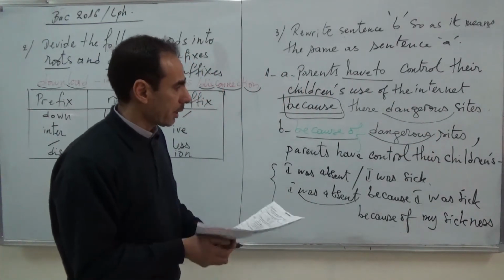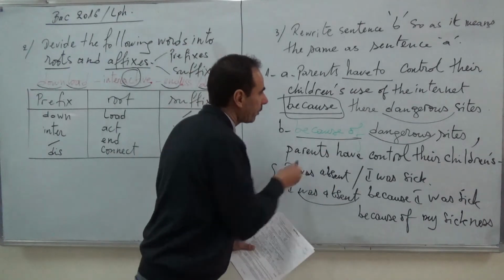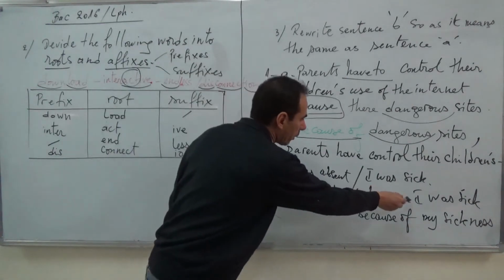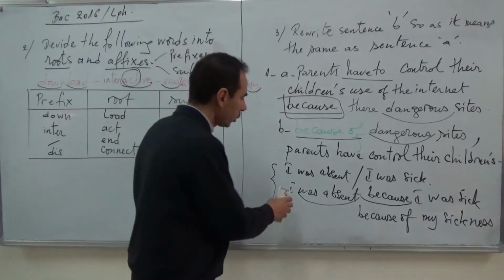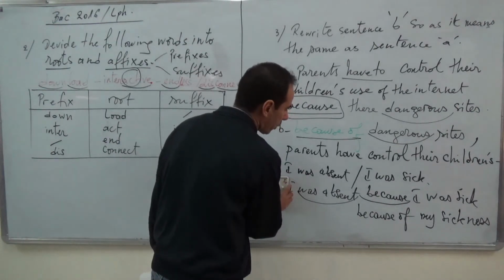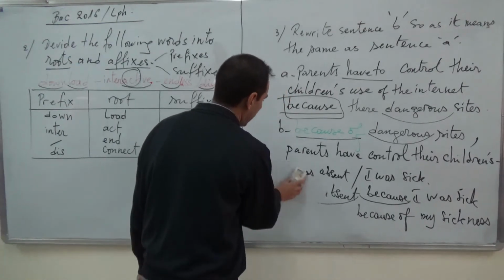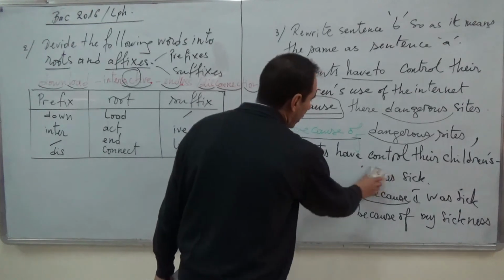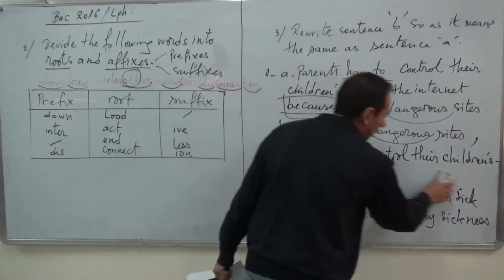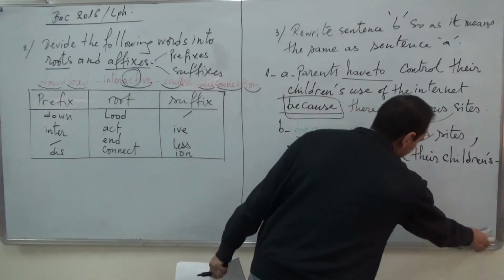I think it's clear right now, the use of because of instead of because. Because links two clauses with their subjects, verbs and complements or objects, and because of needs a phrase, a noun phrase or adjective phrase.